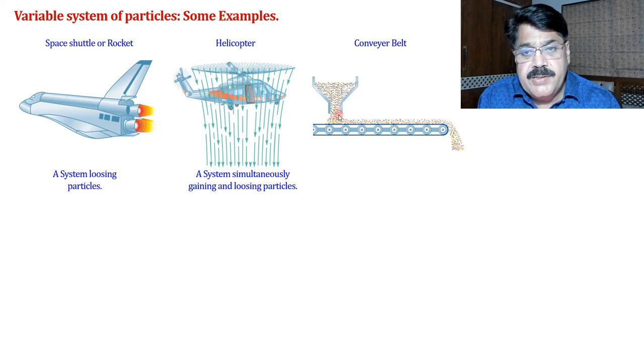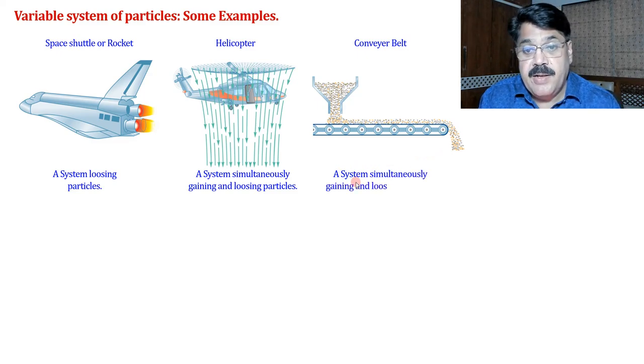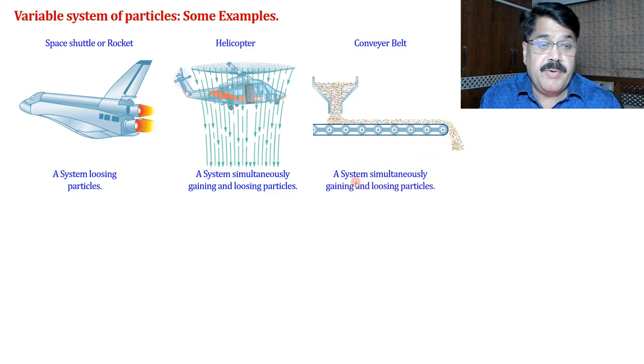Now, if we consider this portion of the sand, this is a system of particles, but what kind of system? The particles are continuously incoming into the system here and they are leaving the system here. So this is again a system that is simultaneously gaining and losing particles to its surroundings.